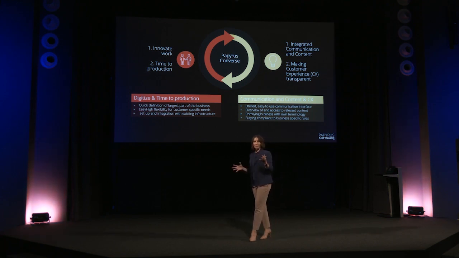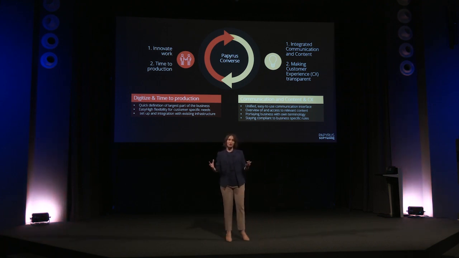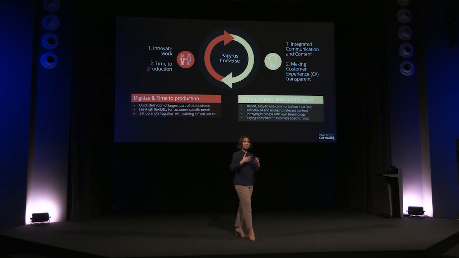You have also seen that we integrate the communication and the content. So we have this interface where you can immediately write and also see the data that you need to work with. And of course, we focus on the customer experience, where from a strategic level you can think about how you should form your value streams in order to get them more customer-centric.